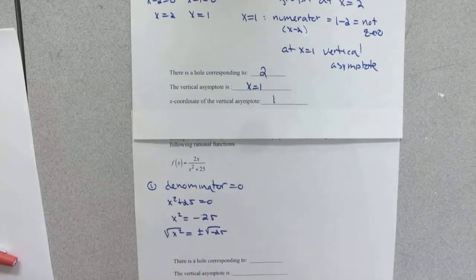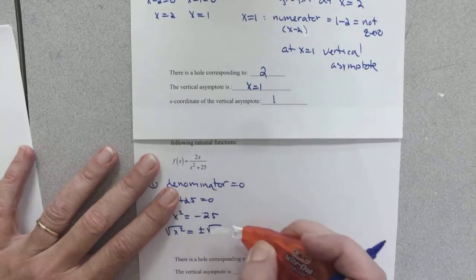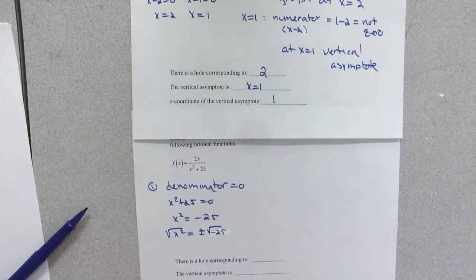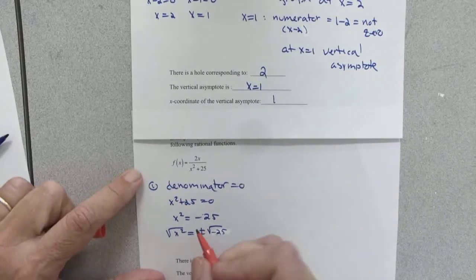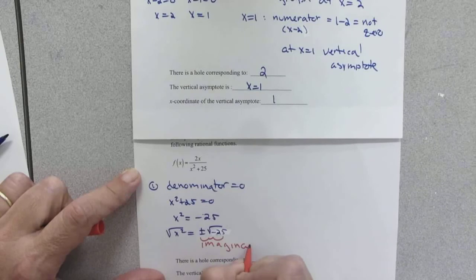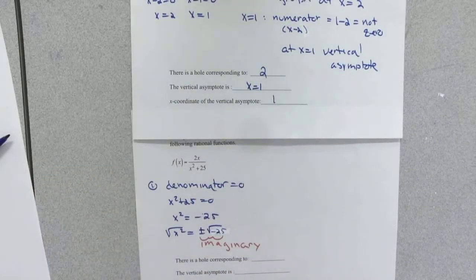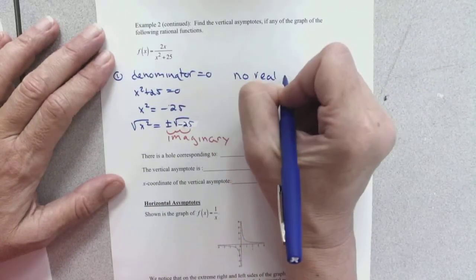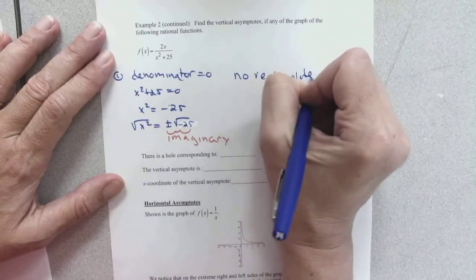I take the square root of both sides. And one more time we see that imaginary thing creeping up. And like I said, the only time we're going to use imaginary numbers is if the original instructions just said solve. If the original instructions said anything else, domain, x-intercept, vertical asymptote, you don't want an imaginary number. And so there's no real solution.